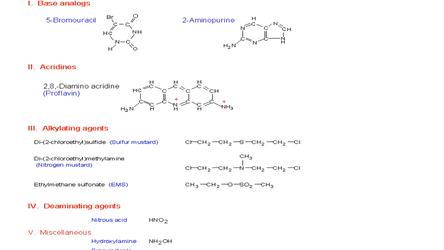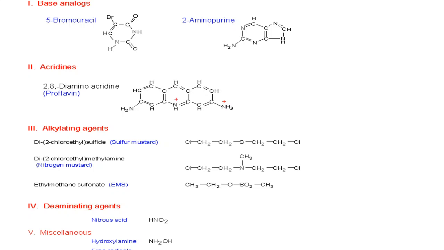They are examples of intercalating agents, for example, proflavin, that is 2,8-diaminoacridine. Then comes the third group, alkylating agents. For example, sulfur mustard, that is di-2-chloroethyl sulfide. Then nitrogen mustard, di-2-chloroethyl methylamine. Then ethyl methane sulfonate or EMS.